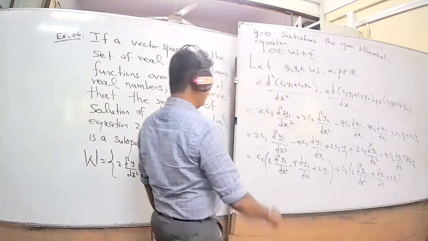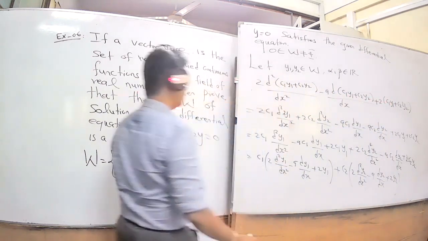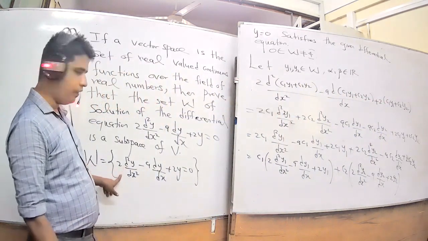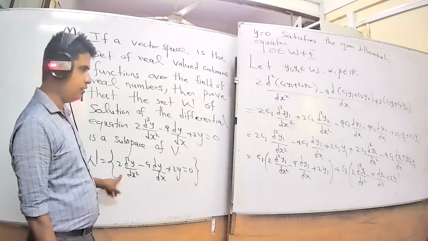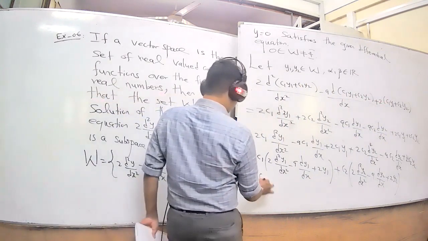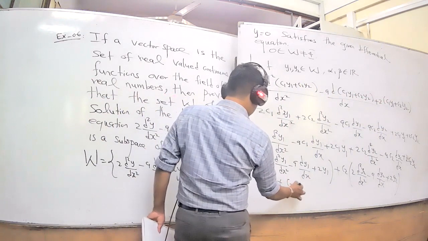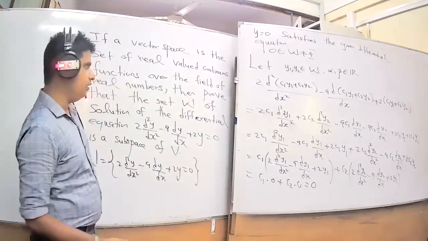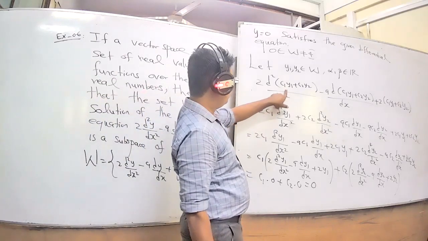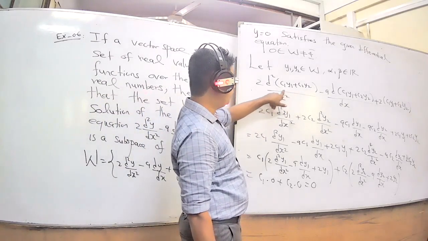So y1, y2 are solutions of this differential equation. Therefore, y1 satisfies this equation. Similarly, y2 also satisfies this equation. Therefore, this is 0, and this is also 0. Then we will get 0. This 0 means this is one of the solutions of the differential equation.